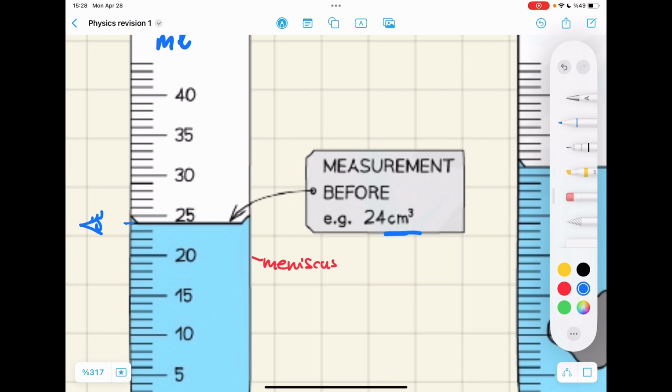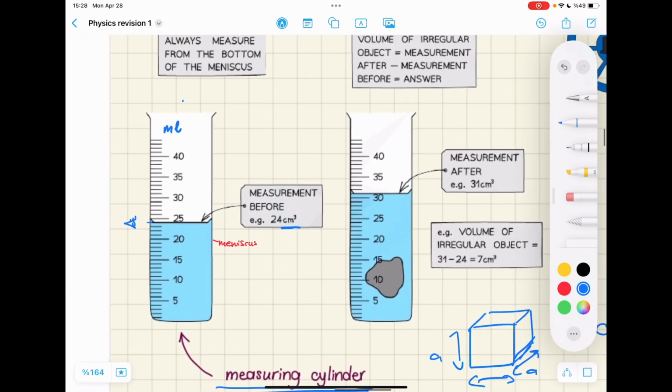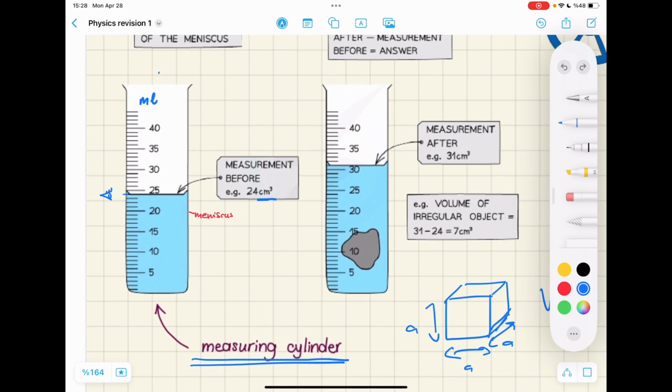It's going to be 24 as it is read here. And then again, after we submerge the irregular object, which is this one here, it will be 31. So how can I get the volume of the irregular object? I will just subtract these two values, 31 minus 24, and I will get 7 centimeter cube or 7 milliliters.